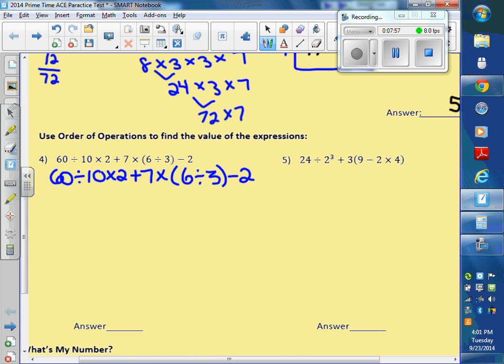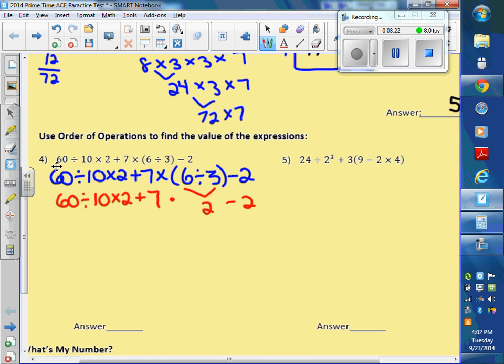Okay, so we go and do parentheses first because that's the first step in order of operations. So now we have 60 divided by 10 times 2 plus 7 times that 2 right there minus 2.